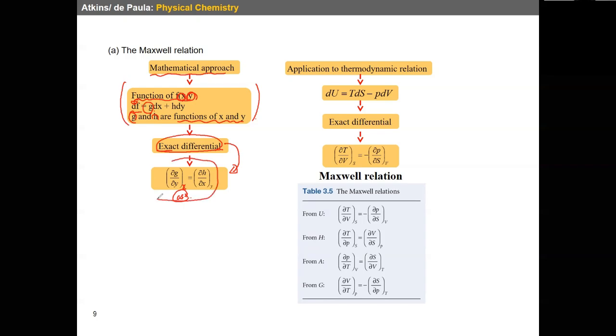We call this relation the Maxwell relation.